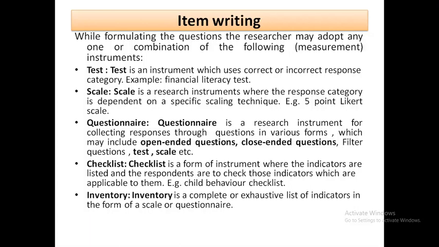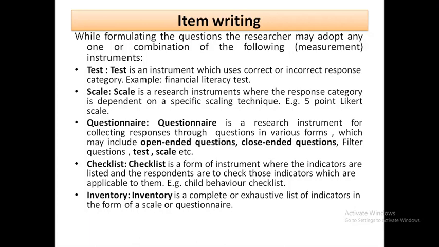In a checklist, the indicators are already available, and it reduces the work of the researcher for framing the items or constructing the questions. Similarly, there is the inventory. An inventory is a complete or exhaustive list of indicators in the form of a scale or questionnaire. As you know, the meaning of inventory is stock. So it is a standardized questionnaire which contains a number of questions.